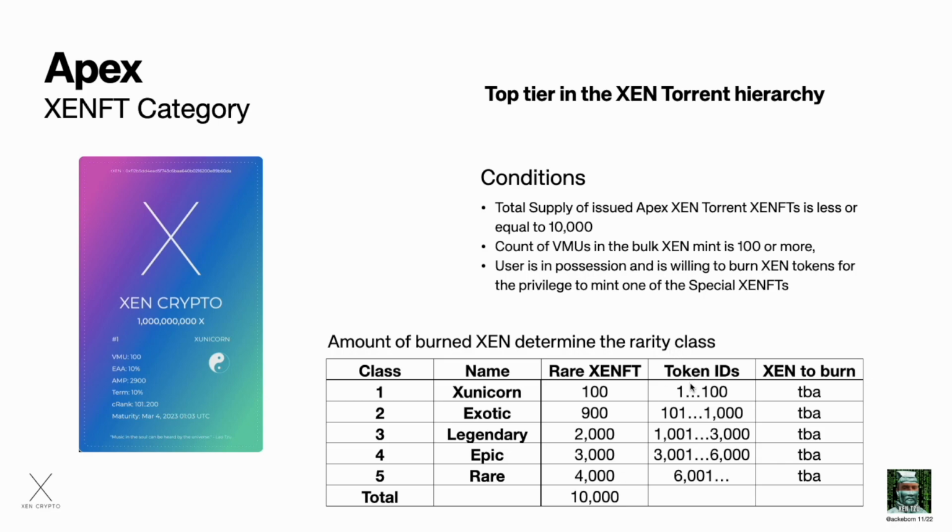For each XENFT you will see this ID number, and then you can easily verify what class it belongs to. So with Apex you have to weigh the value of burning your beloved Xen, however much is required, in relation to the value of the rarity and current and potential future utility of the Apex XENFT.